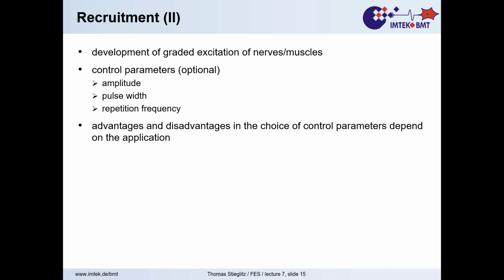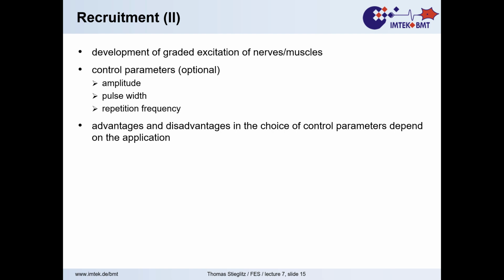So the goal behind all that is the development of graded excitation, so that we have really analog adaptation to the real world. And the control parameters that we can use from the technical side are the amplitude and the pulse width.